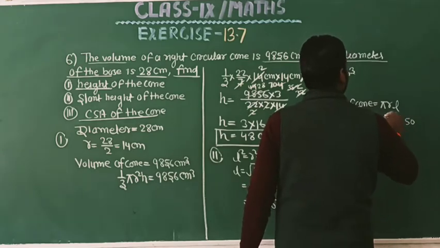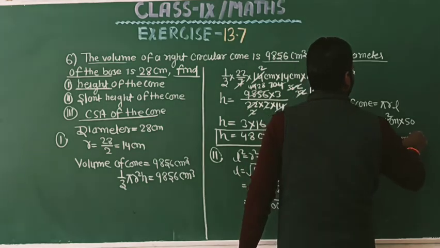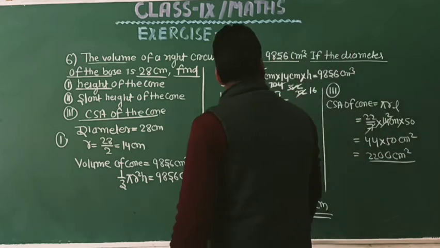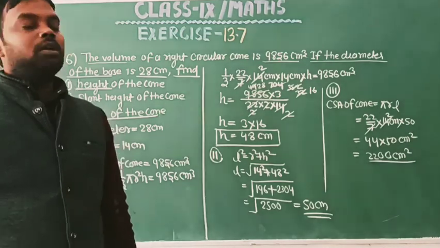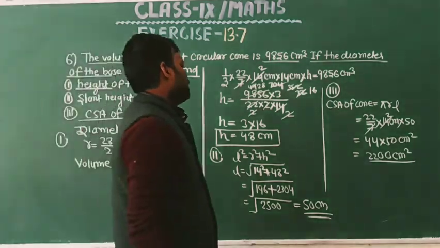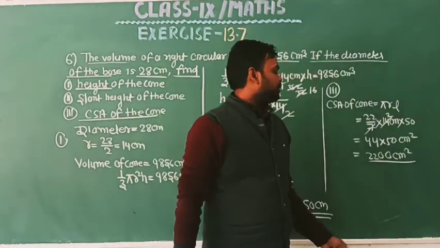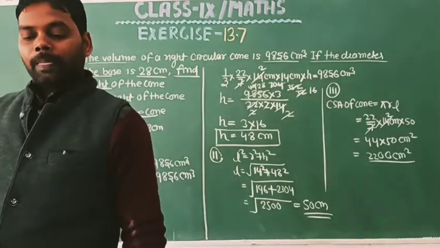So this is 44 multiplied by 50 centimeter square. So the required curved surface area of the cone is 2200 centimeter square. This is the required curved surface area of the cone.